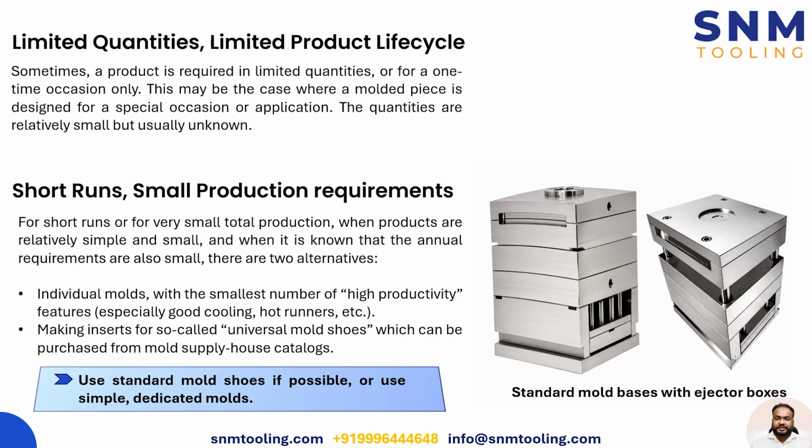So for the products which need limited quantities, which need quantities for a short amount of time, not throughout the year or throughout the life cycle of the product, in those cases, it's the choice of the molder if he wants to pursue making a mold which is costly, but the cost will be recoverable given the fact that the cost of the product will be less.